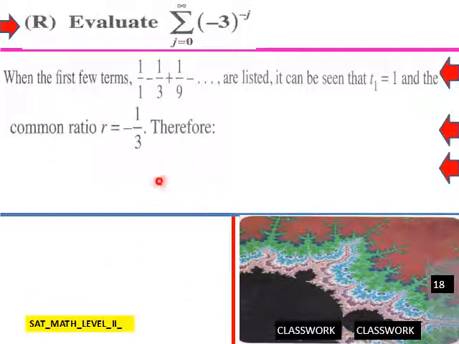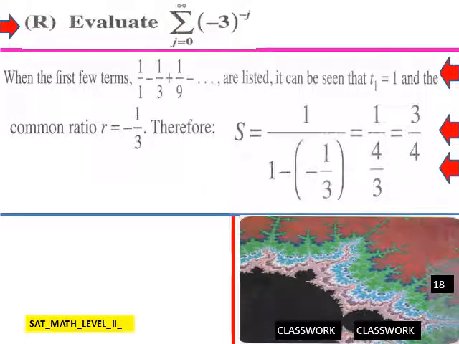Therefore, our summation will be 1 over 1 minus negative 1 over 3, which yields 1 over 4 over 3, which is 3 over 4. That would be our summation as it goes to infinity, and you can put that in your calculator to check it.